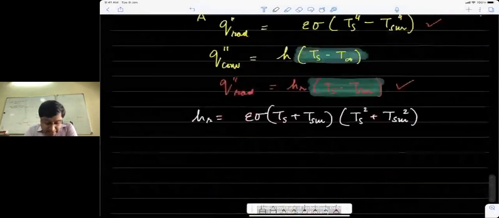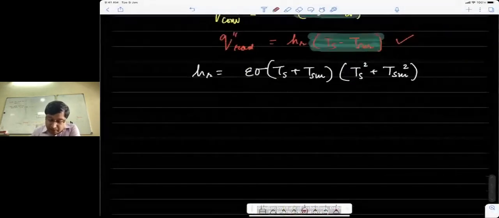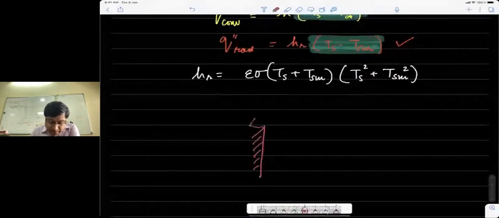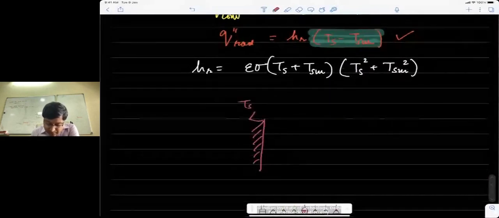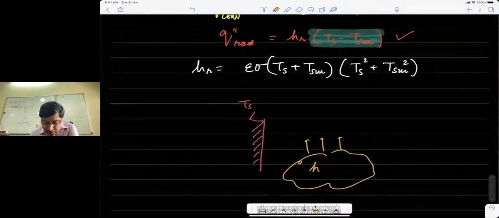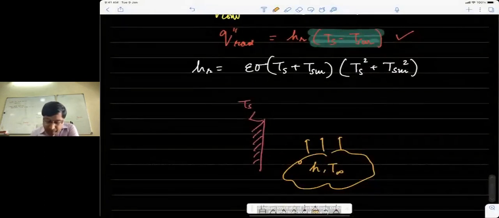Coming back to what I was saying about hR, the reason we write this is that when you have, let's say, a scenario, let me take one to explain what this will do. Let's say you have a solid surface at some temperature Ts. There is a fluid surrounding it which is flowing over the surface. Let's say the fluid has a heat transfer coefficient h and temperature T infinity.